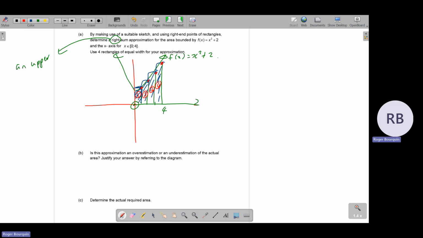Now we're going to add up the areas of those rectangles. First, what's the width of the rectangle? If there are 4 rectangles and I'm going up to 4, your width of each is equal to 4 divided by 4, which is equal to what?